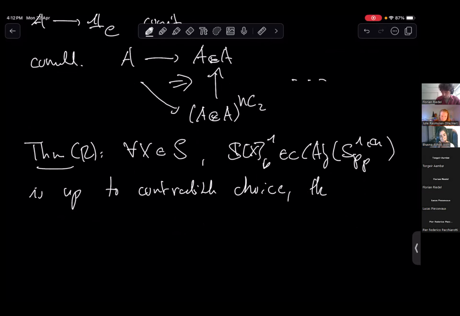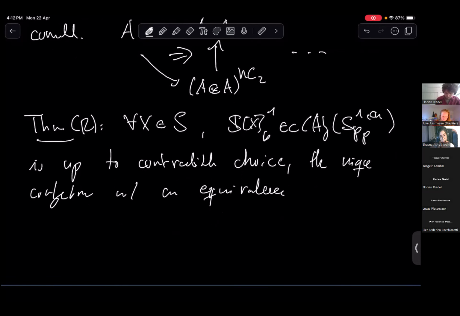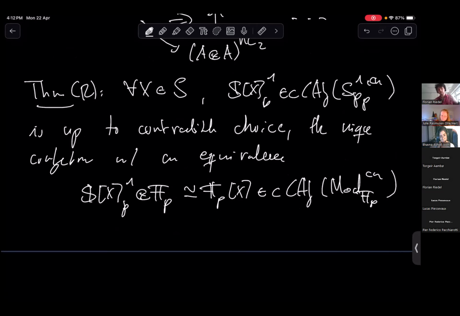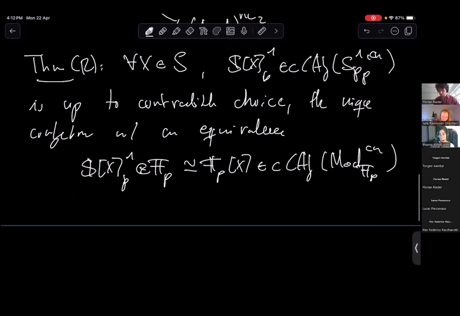The unique coalgebra with an equivalence, such that when you tensor with F_p, it becomes equivalent to the F_p homology of your space. It's now a coalgebra in connective F_p modules. So that's quite good. It's in some sense kind of surprising that it rigidifies it so much.